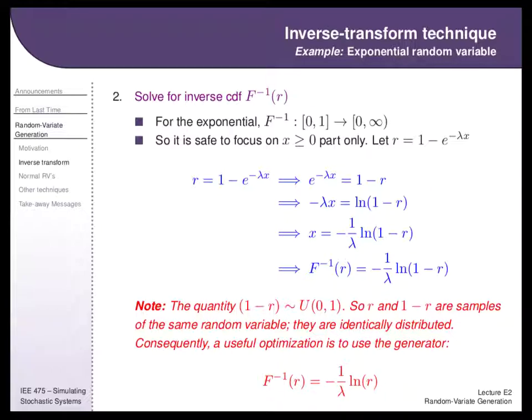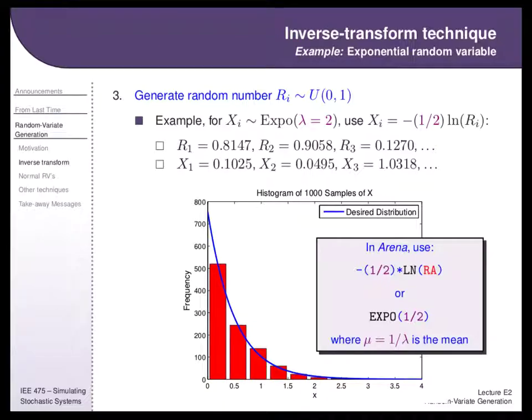And that's just a nice little optimization because if r is uniformly distributed, 1 minus r is also uniformly distributed, and so there's no reason to do this extra subtraction. So keep that in the back of your head: if you see this and think, oh, there must be something wrong here, I'm expecting a 1 minus r, that's where that comes from. But you don't have to worry about that for a midterm, but know how to do this process for the midterm.